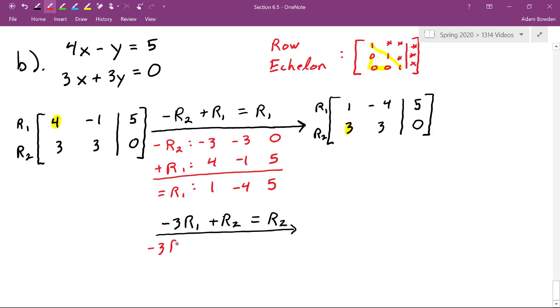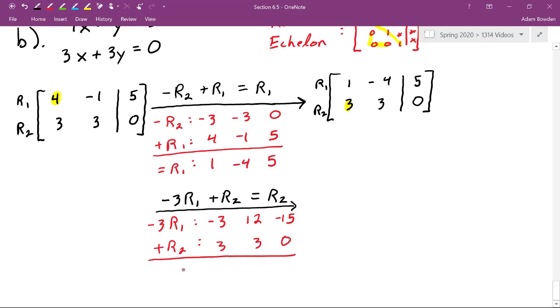So by multiplying row 1 by negative 3, the first number would be negative 3, positive 12, and negative 15. And we add that with the numbers in row 2, 3, 3, and 0. So our new row 2 is going to look like 0, 15, and negative 15.